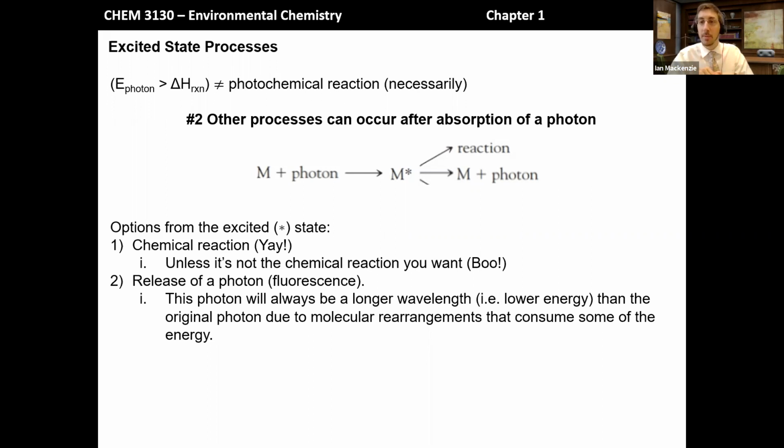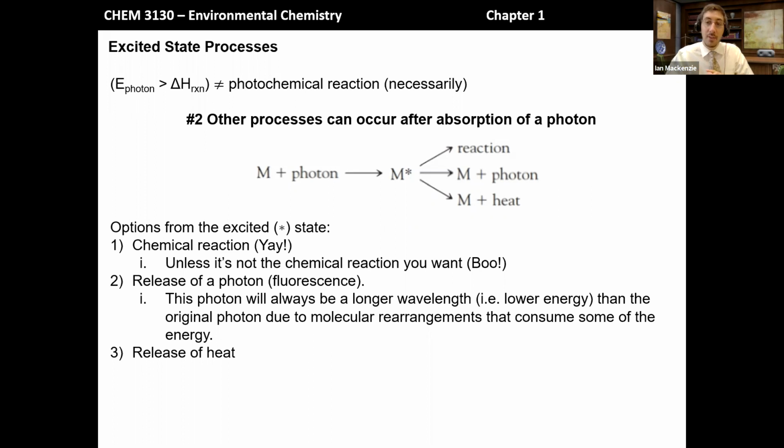In addition to both of these processes, it's also possible for the molecule to dissipate the excess energy, not by giving off a photon, but by doing molecular rearrangements that involve the loss of that energy as heat. So sometimes that extra energy is simply lost as heat.